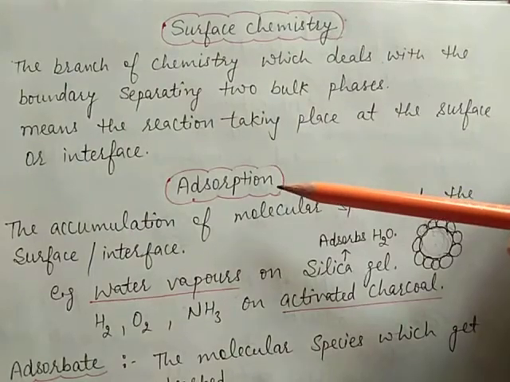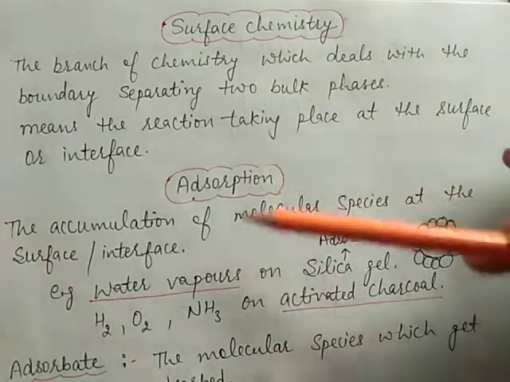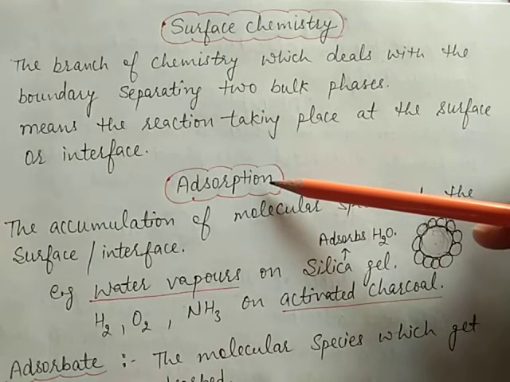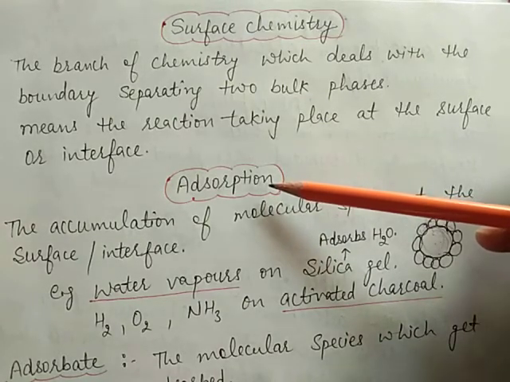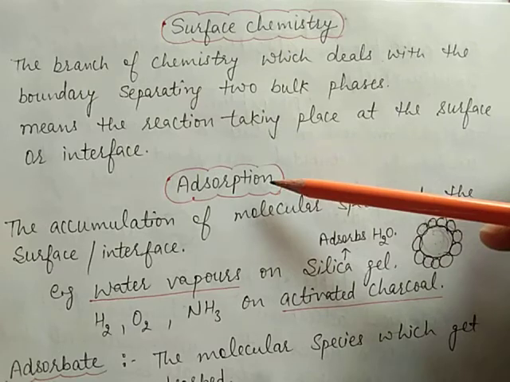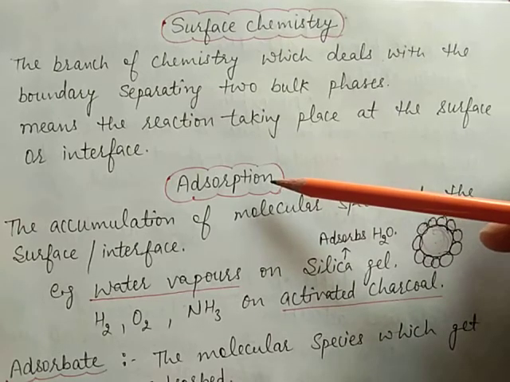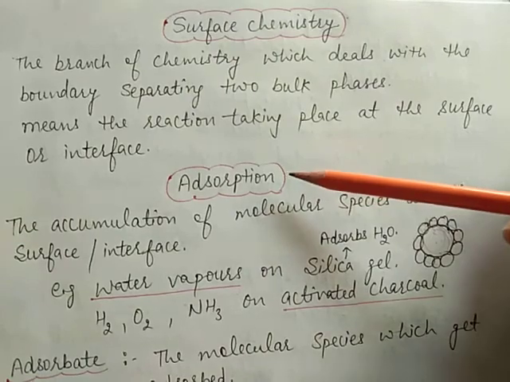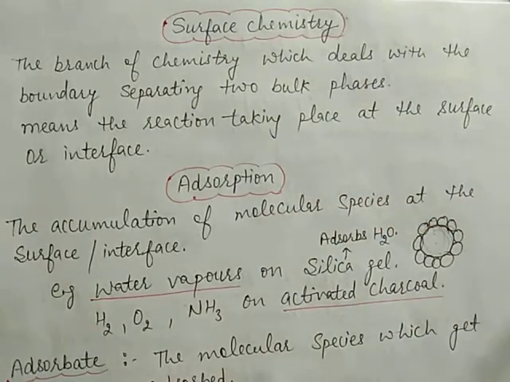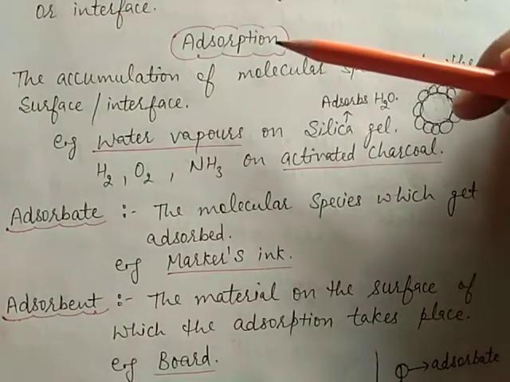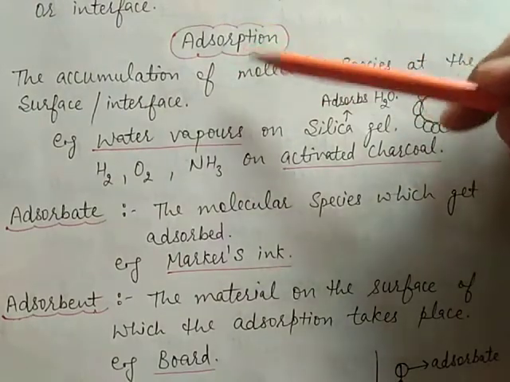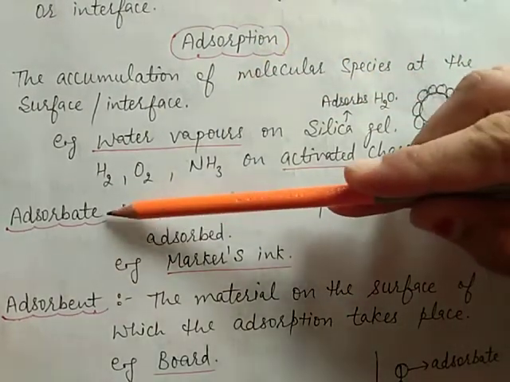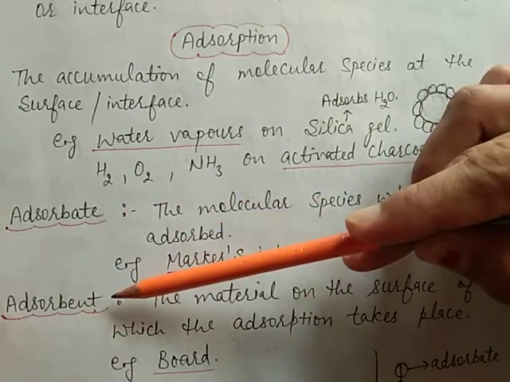Or in a simple way you can say that it is the phenomenon of attracting and retaining the molecules of a substance on the surface of a liquid or solid. Here adsorption involves two terms. First is adsorbate, second is adsorbent.